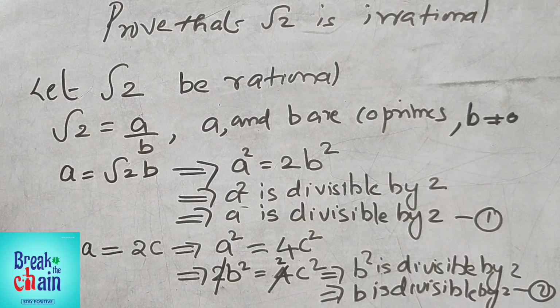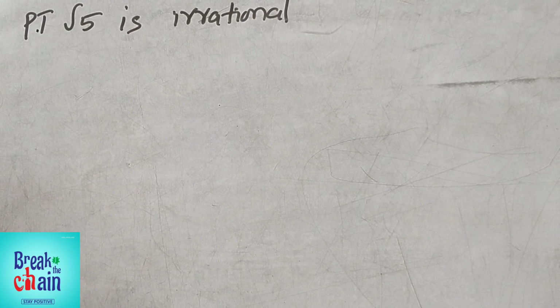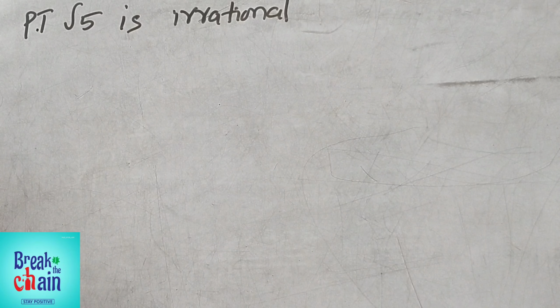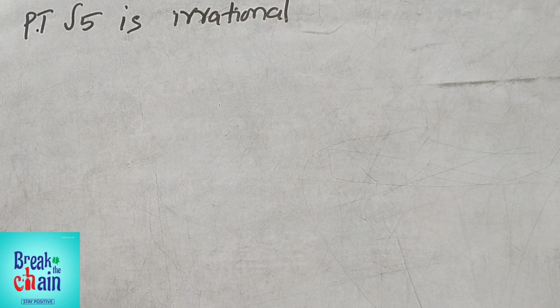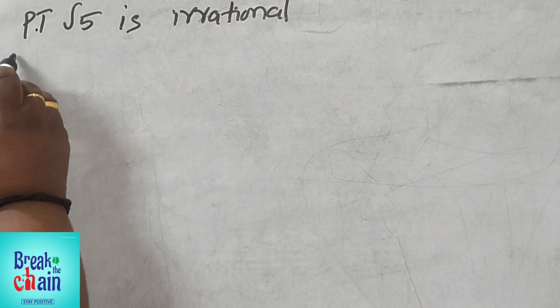In the same way you can prove root 3, root 5, etc. We will do one more question with this. We can prove that root 5 is irrational. Next question: to prove that root 5 is irrational. We can proceed like the previous question.